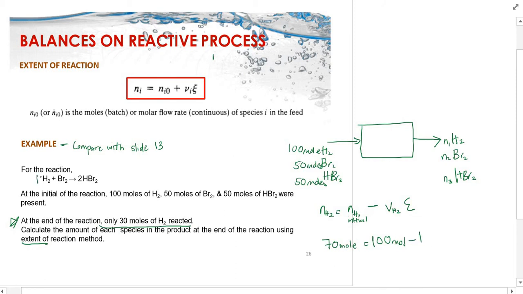Here 1 hydrogen plus 1 bromine gives 2 moles of hydrogen bromide. And the extent of reaction is the value we want to calculate. So E is 100 minus 70, which is 30 moles.